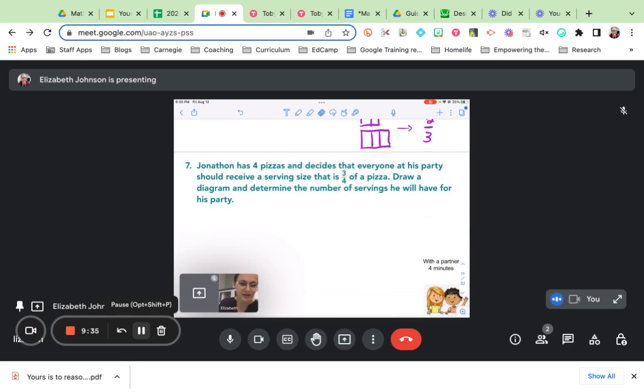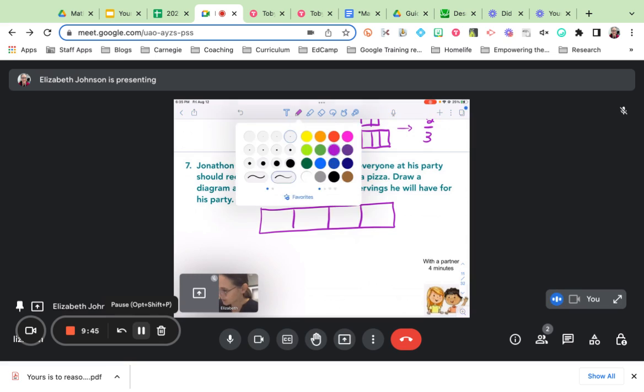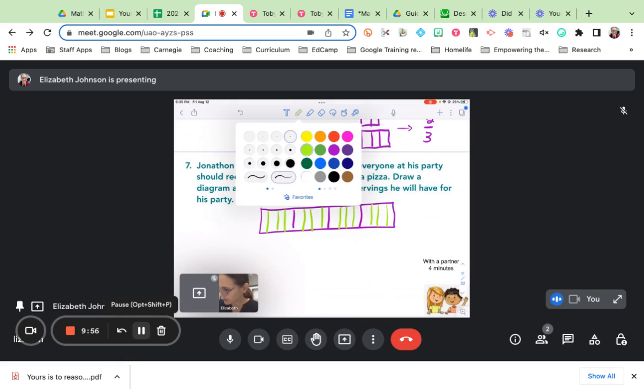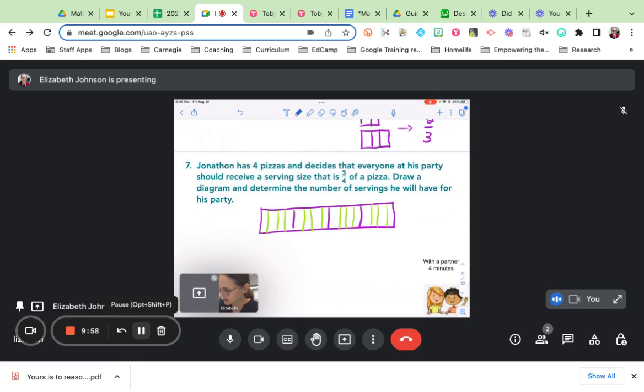All right, you've hit play, so we must be ready to talk about Jonathan and his pizzas. First, we need to draw 4 pizzas for Jonathan. There they are. Now, he has decided that everybody should get 3/4 of a pizza. So we're going to divide these into fourths. There we go. And then each person is going to get 3/4.